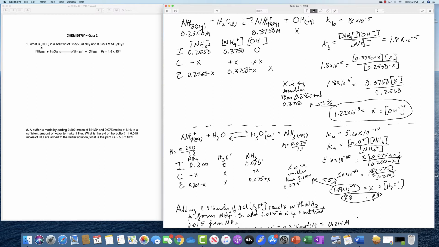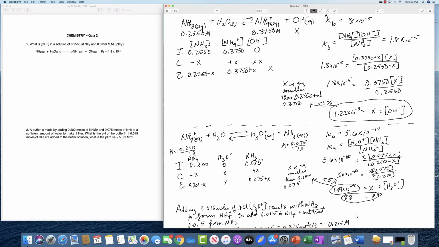The equation here shows the basic formation, and the Kb for the base is 1.8 times 10 to the minus 5. So you have ammonia plus water forms the ammonium ion plus, in this case, nitrate, but it doesn't really matter, plus hydroxide. So here we have the equation.